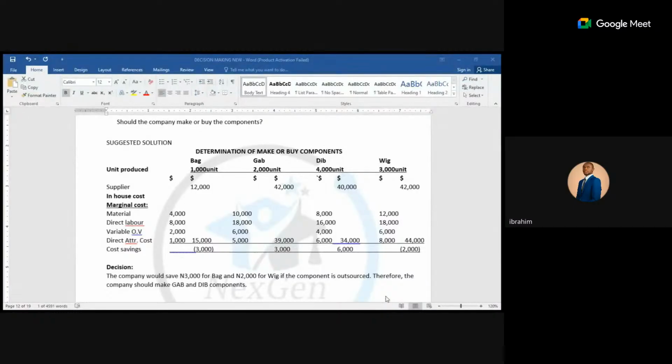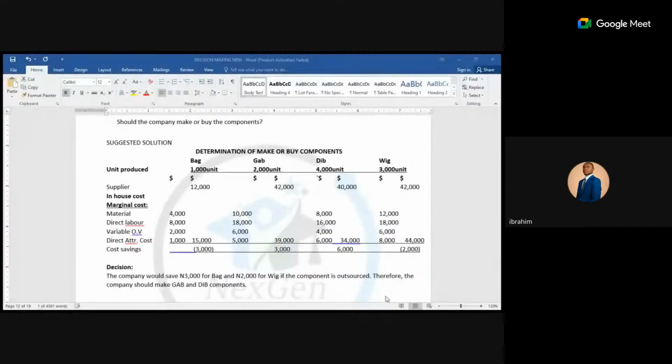I want to ask about a situation whereby the supplier cost and the in-house cost are the same. Like the bag we calculated now, where we still have 12,000 naira for the in-house cost. What would be our decision? Well, the best advice will be based on management discretion.